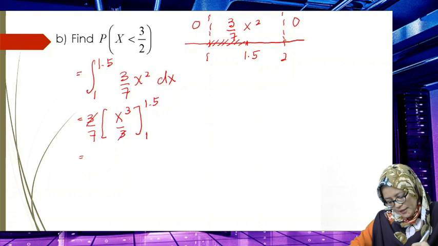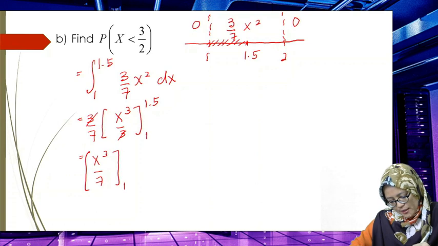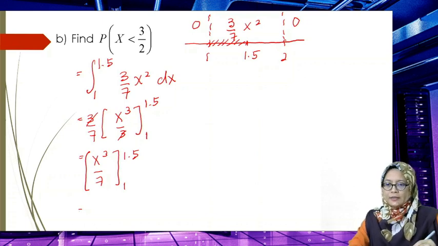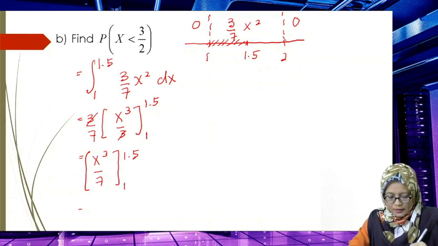So simplify, awak akan dapat x cube over 7. Substitute value from 1 until 1.5. So show everything in your calculation. So means that sekarang ni you akan ganti 1.5 as the value of x.